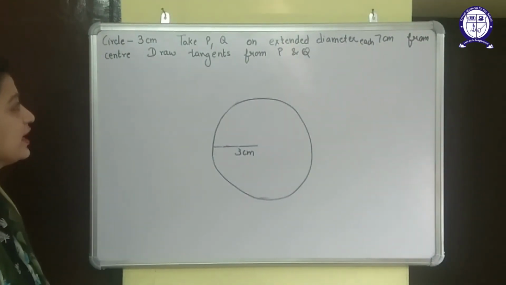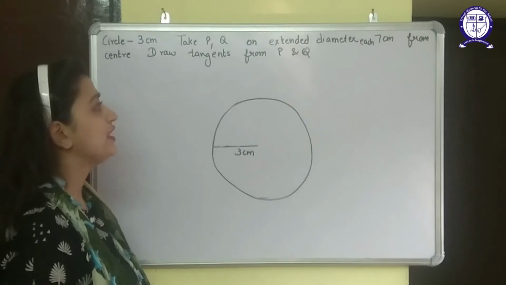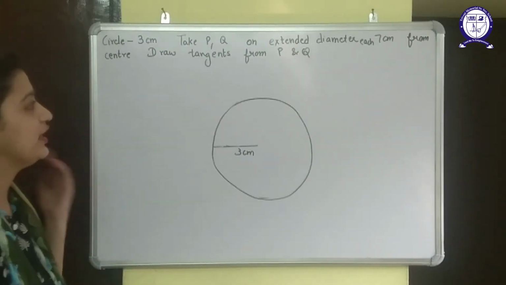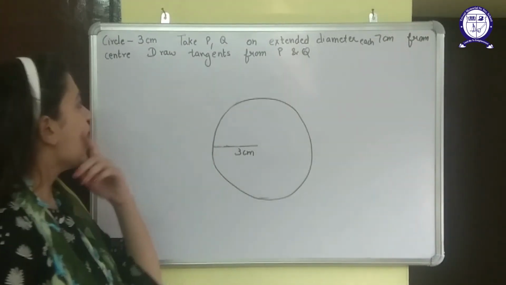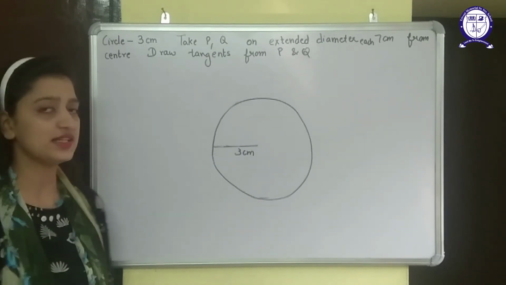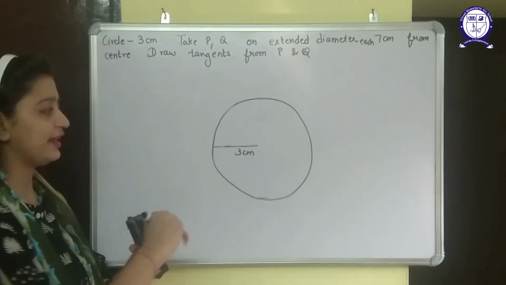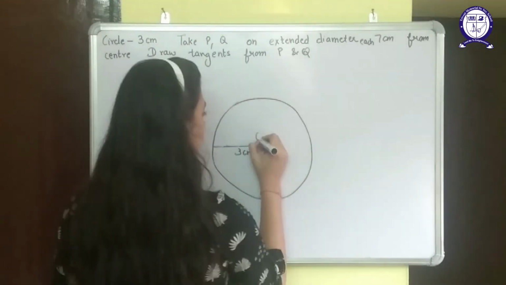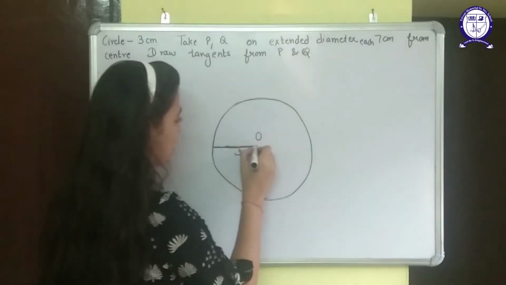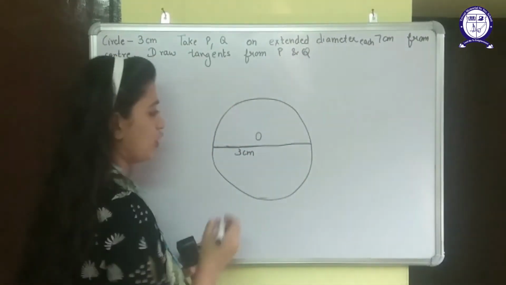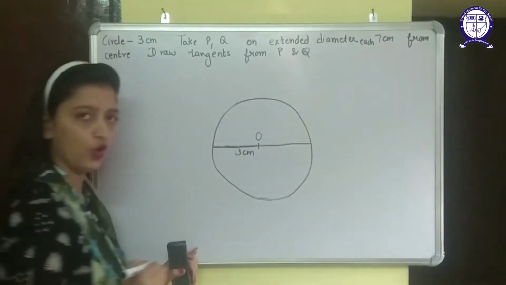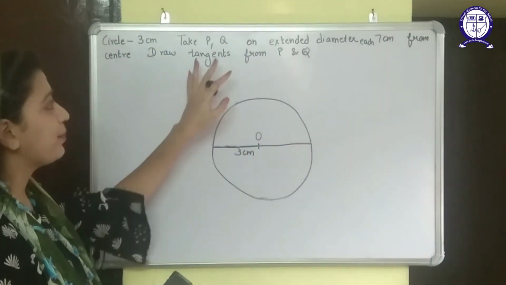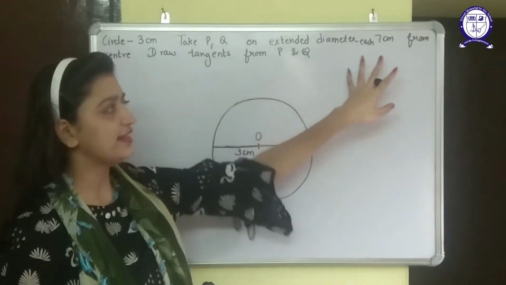Now what it says, take P and Q on the extended diameter each 7 cm away from the center. What it says is, this is the center of the circle O, and I will make this diameter. We have to take P and Q on the extended diameter.